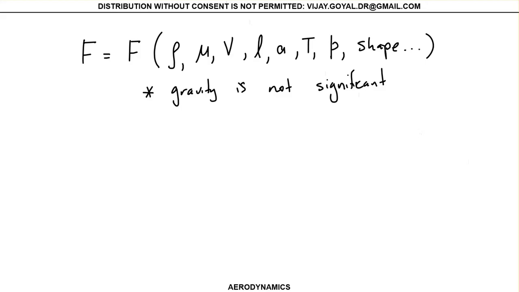My plane is moving and I freeze the moment in time, take a picture, and try to analyze what happens to it. In that particular instant, gravity is really not going to play much of a role. Okay, and the Buckingham theorem is basically based on the principle of homogeneity.